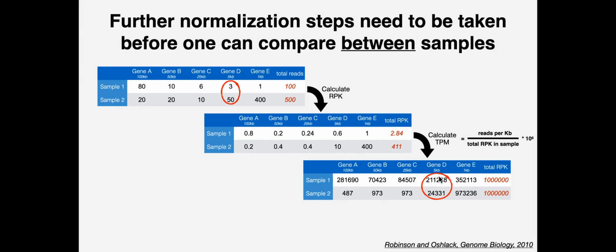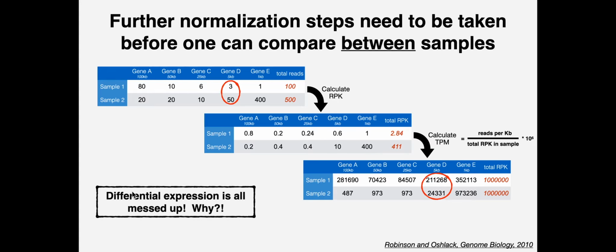And yet, by the time we get through to our TPMs, it looks like it's dramatically downregulated, tenfold downregulated nonetheless. It's more than tenfold upregulated by raw counts, but more than tenfold downregulated by the time we get to our tried and true unit of expression, TPM.